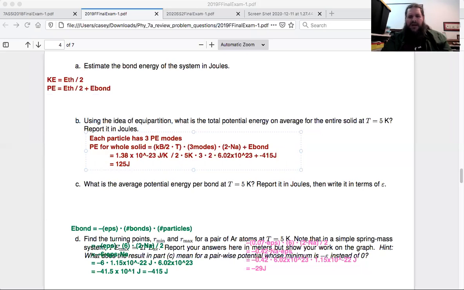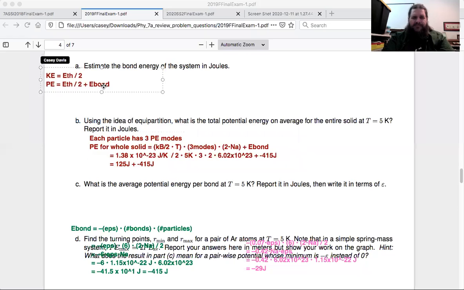So that's half the thermal energy. The total thermal energy would then be 250 joules, but half of that counts as potential energy. And then we've also got negative 415 joules of potential energy. So this is just half the thermal energy, the 125 joules, plus the negative 415 joules of bond energy.